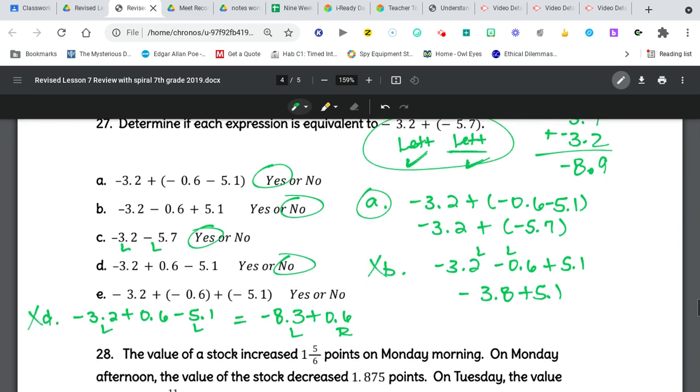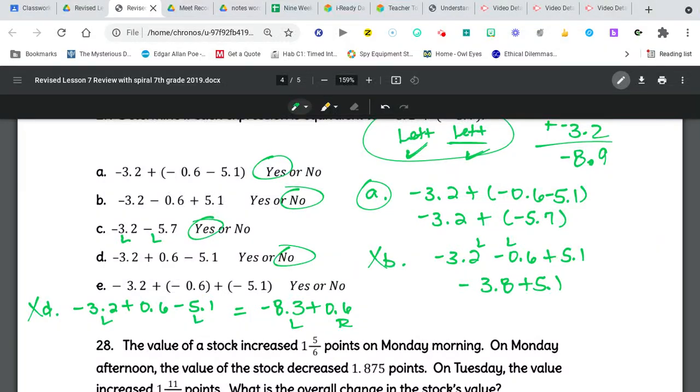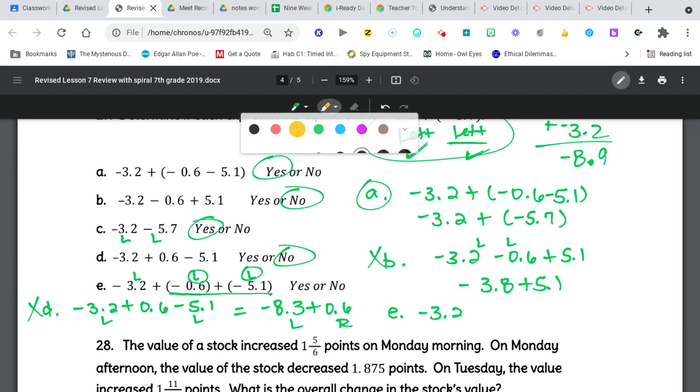And the last one we need to check is E. On E, all of these are to the left. But I'm just going to put those two together. If I put those two together, because I want to leave that -3 and 2/10, I still end up with -3 and 2/10. If I put these two together right here, guys, let me see if I can highlight it.